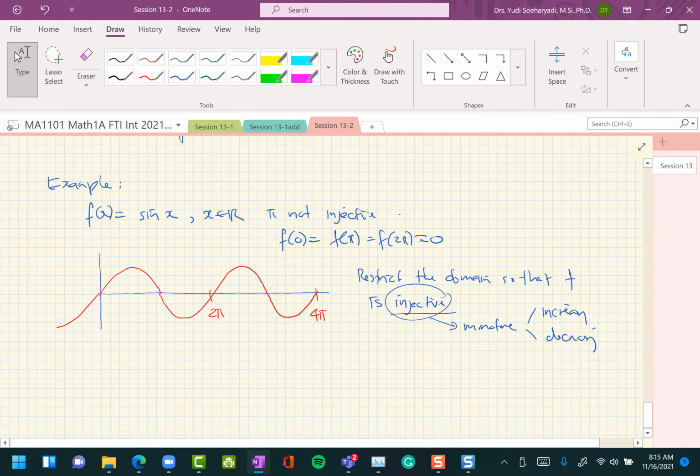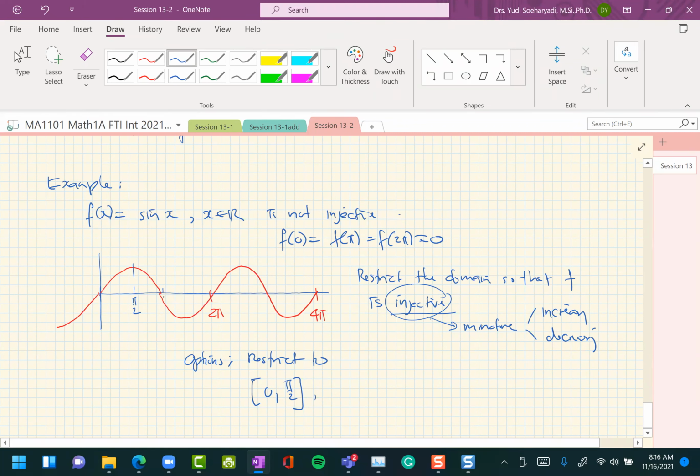One way is from 0 to pi over 2, that's increasing. So those are the options. So we restrict to the interval 0 to pi over 2. That's increasing. Okay, that's all right.